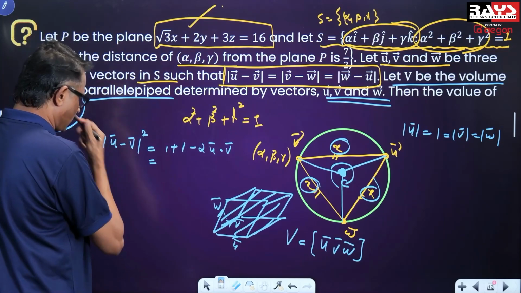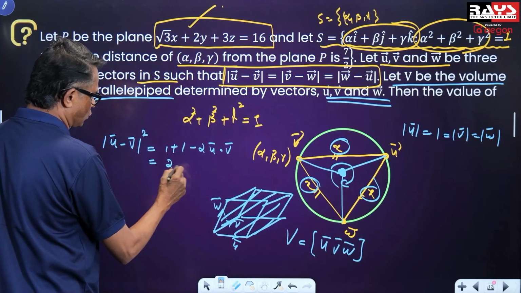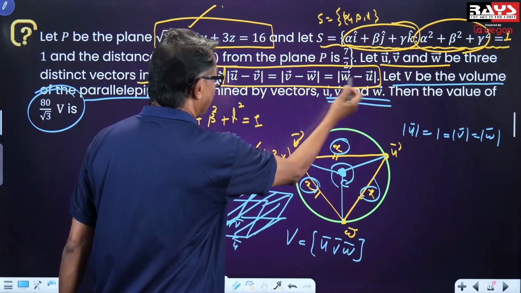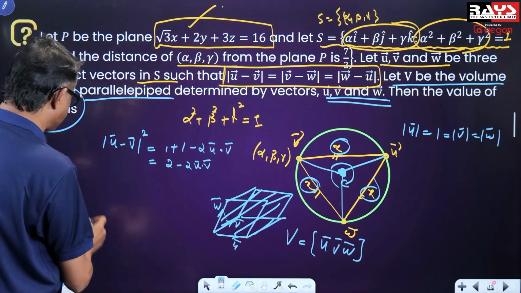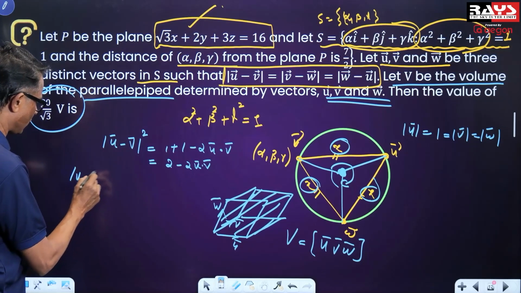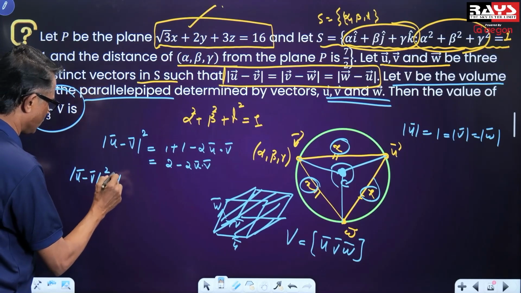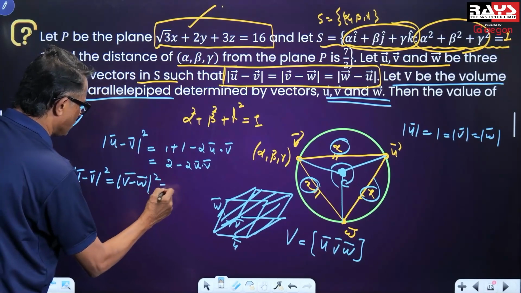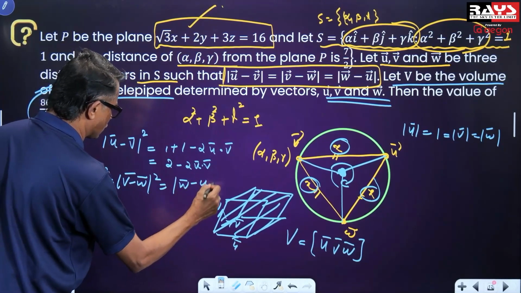Now this, mod u minus v all square, is 2 minus 2 u dot v. And it is given that mod u minus v square equals mod v minus w square equals mod w minus u square.